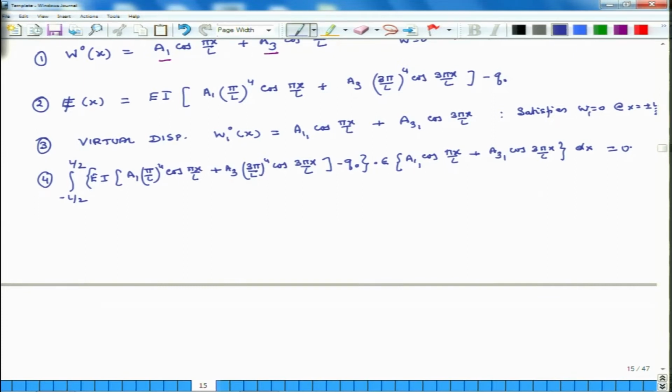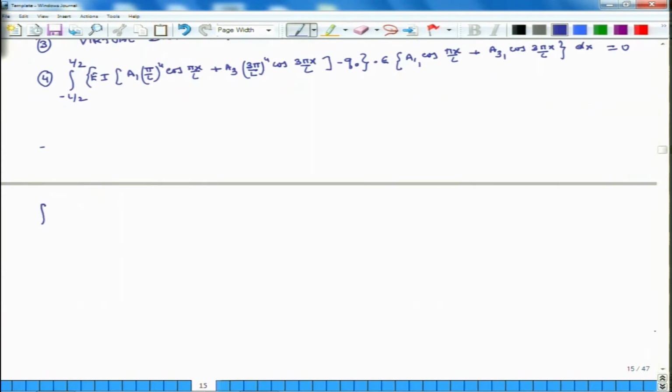So, it has to become 0 as per the principle of virtual work. Now, what we do is we have a multiple of virtual work with respect to error force, and we reorganize these things.